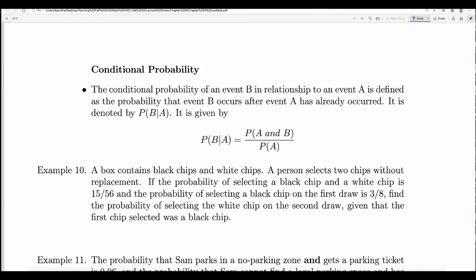In this video, I'm going to talk about conditional probability. You remember that in the last video, we were talking about whether two events are dependent.